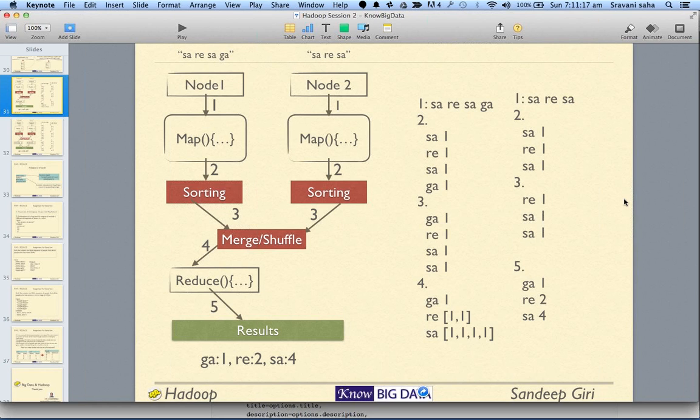Unlike in databases, when you do group by, the aggregate functions summation, average, min, max are provided by the system itself. Only those functions you can use, otherwise you have to write separate extensible methods. Here it is completely under your control.